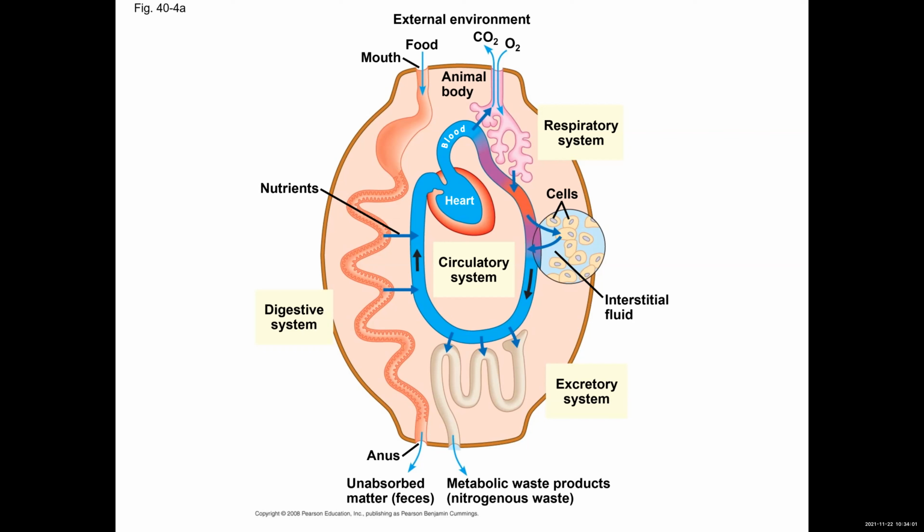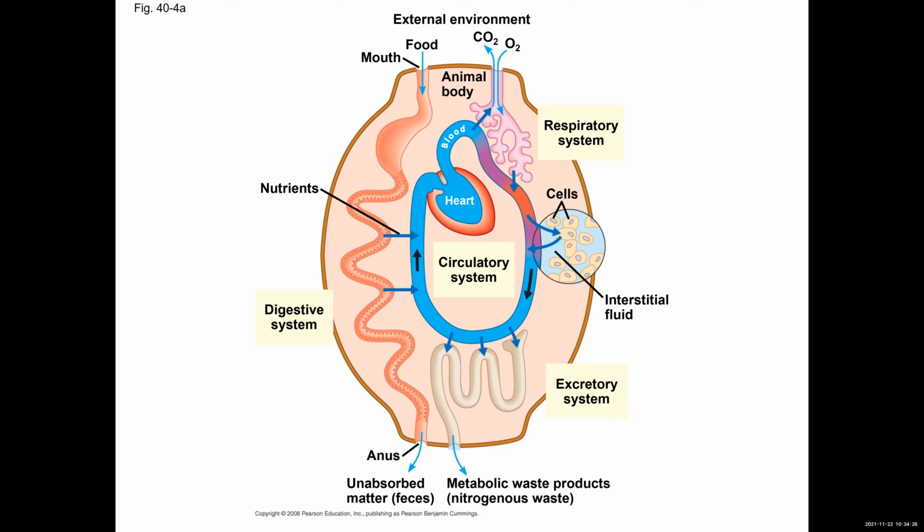The respiratory system is going to focus on gas exchange in heterotrophic animals. That is going to be oxygen in and carbon dioxide out. We're going to have the digestive system, which is going to take in food. It's going to process and digest that food and then absorb it.